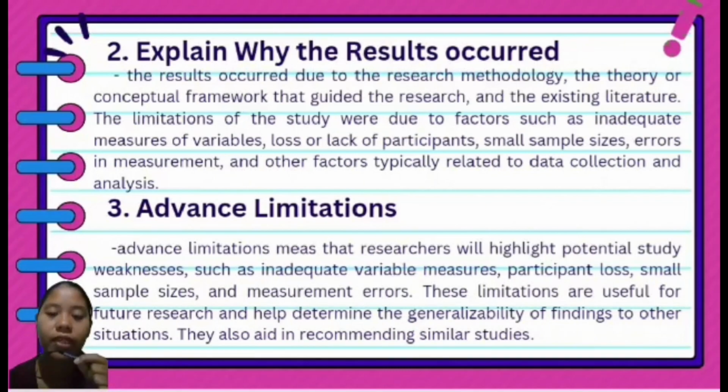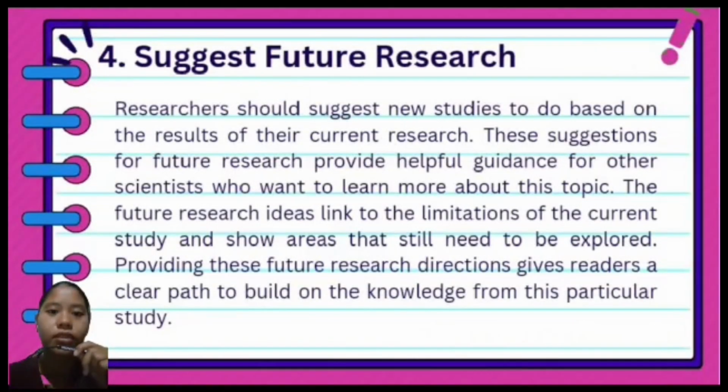So by advancing these limitations, it can provide a useful bridge for recommending future studies. Limitations also help readers to judge to what extent the findings can or cannot be generalized to other people and situations. The fourth one is suggest future research.